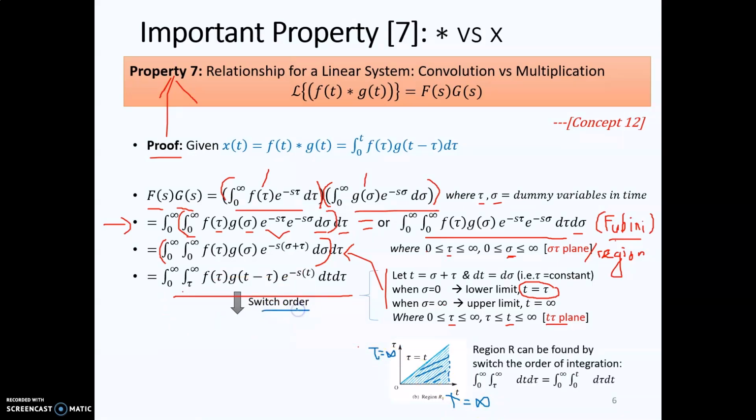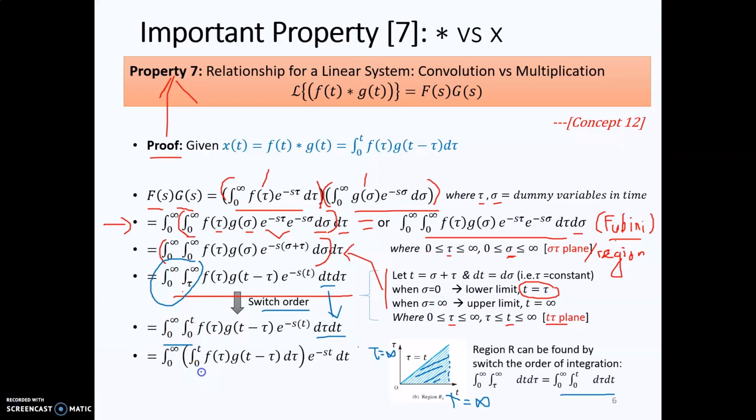Therefore, by switching the order of the integration, your integration limit with respect to dt, d tau can be changed to this limit. With that, you can see the order can be changed to this, and you have a new limit for that. Rearranging the terms, we find that this is the convolution between f(t) and g(t).